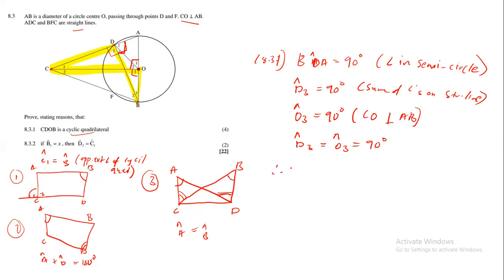Therefore, you can say C, D, O, B is a cyclic quadrilateral. What is the reason? We used angles in same segment. That's why we say CDOB is a cyclic quadrilateral.